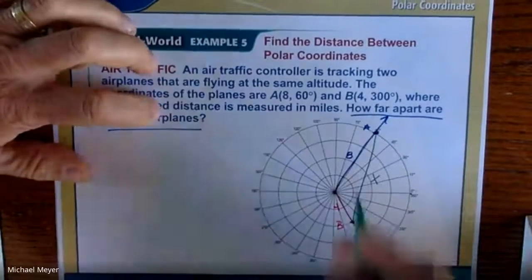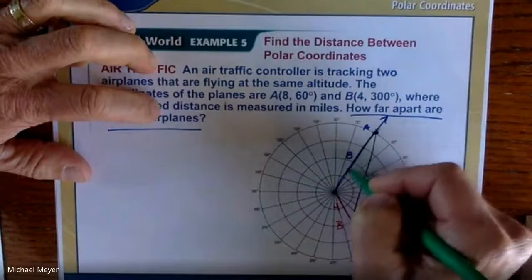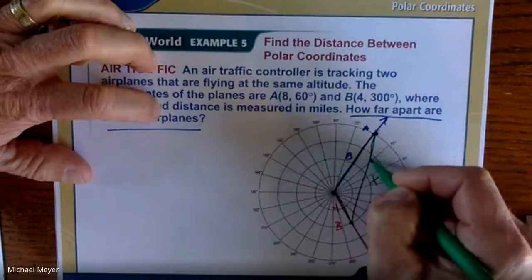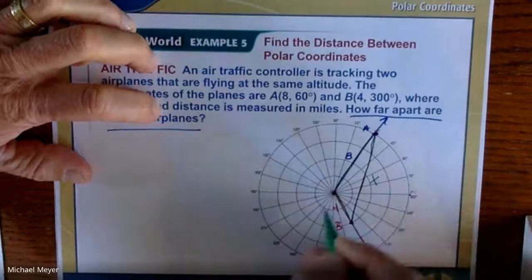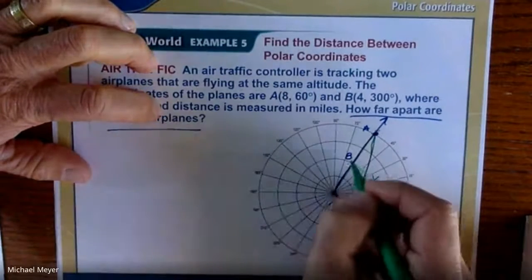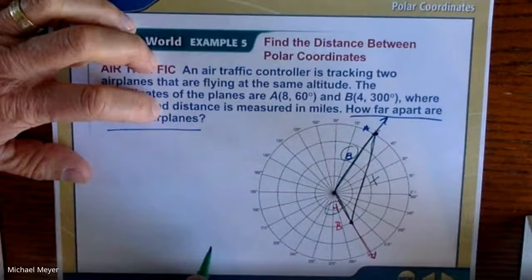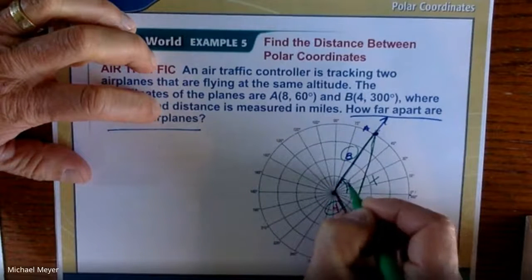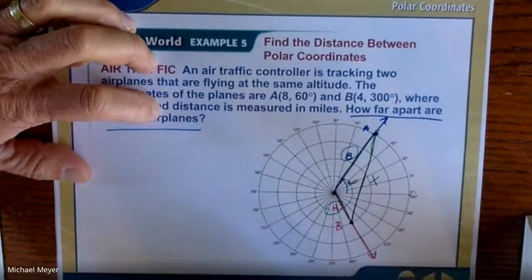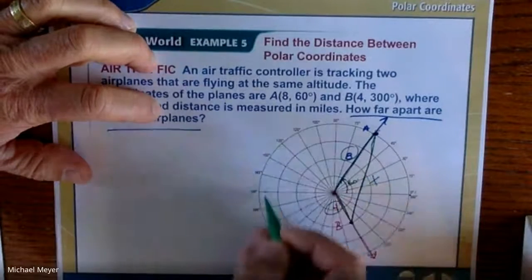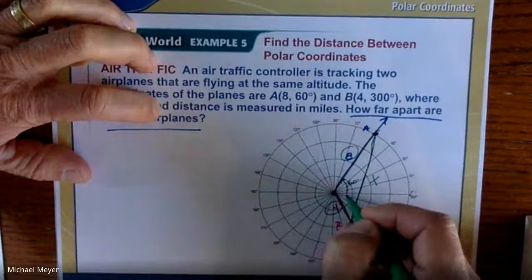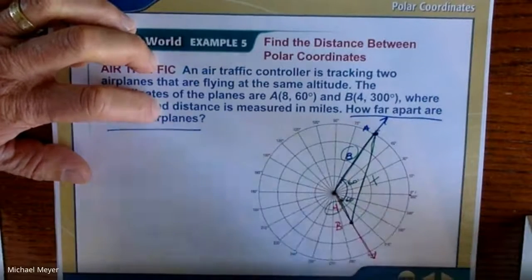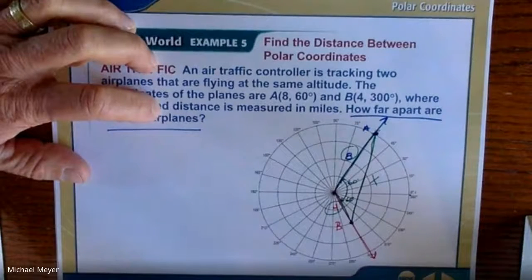How far apart are the two airplanes? This, I think, looks familiar. I have this triangle here. Focus on that. I know a side length of 4. I know a side length of 8. I know that this rotated 60 degrees. I know this one rotated 300 degrees, but couldn't we also interpret it as going 60 degrees in that direction as well?